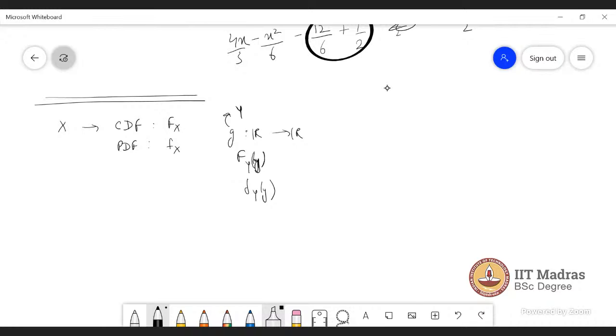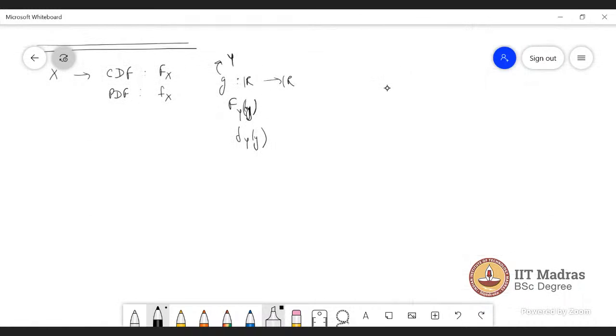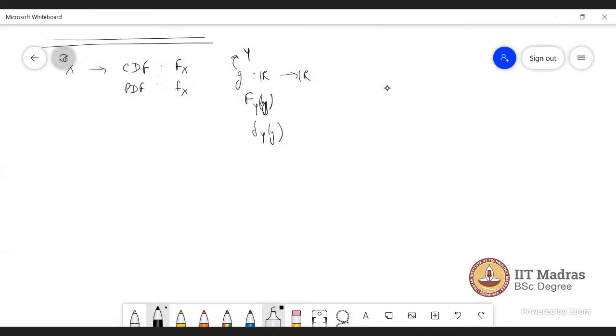There is one very easy technique, but it works only for some particular cases. So this is monotonic differentiable function.